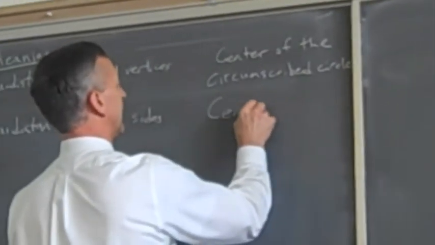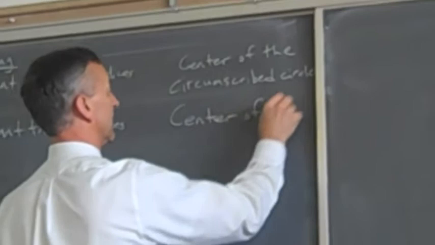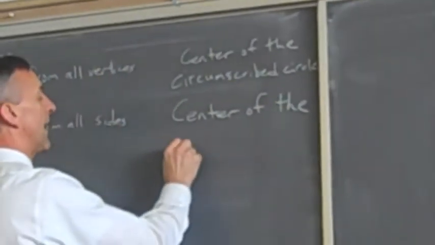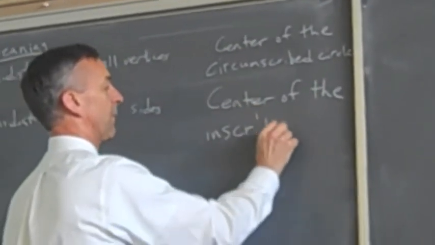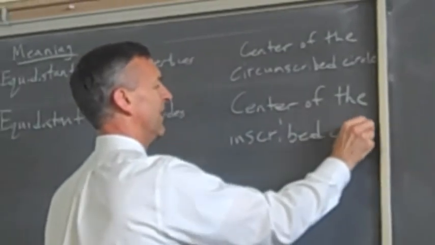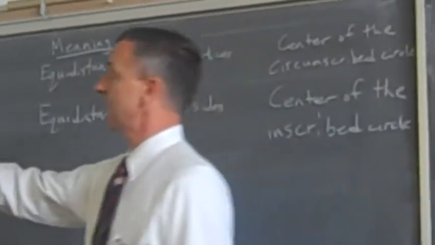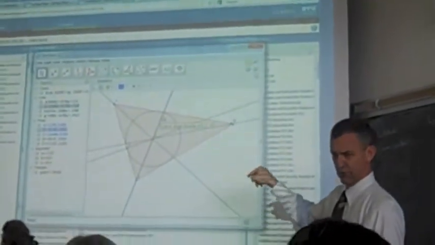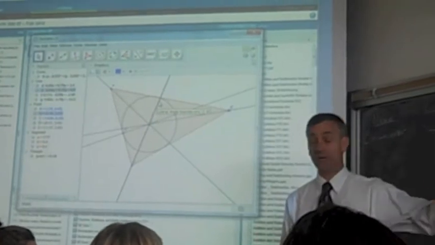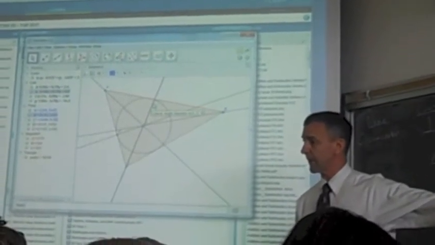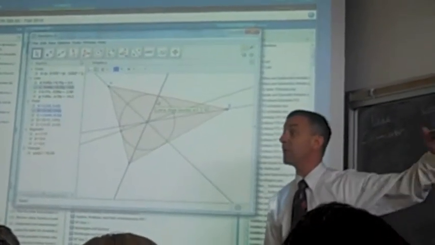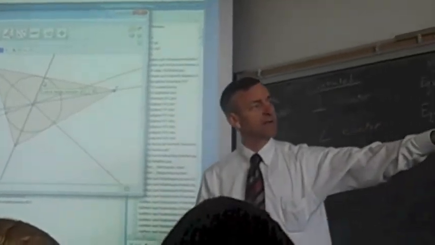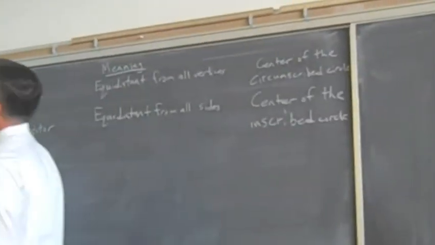And therefore, it forms the center of what? Of the inscribed circle. Now we've got the circle inscribed in the triangle, and we said the triangle is circumscribed about the circle. Very different than the last one. The circle is on the outside with that, and the triangle's on the inside.